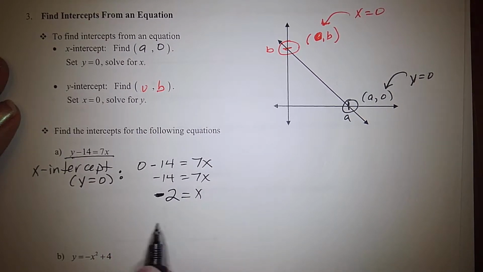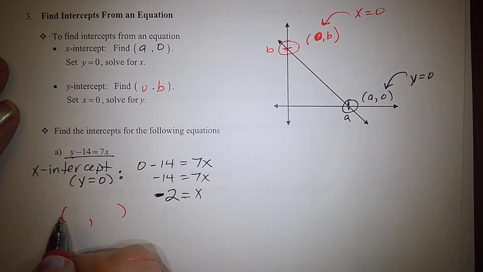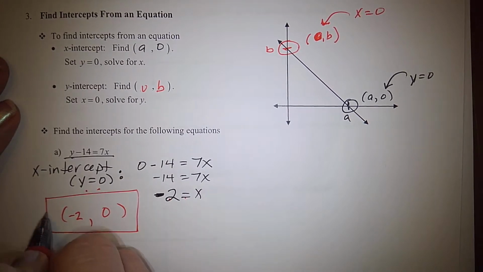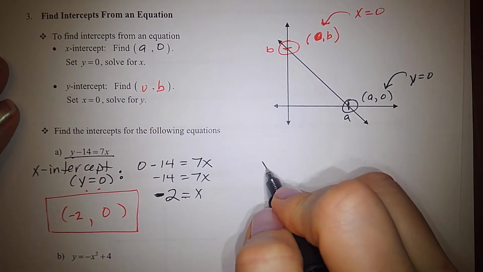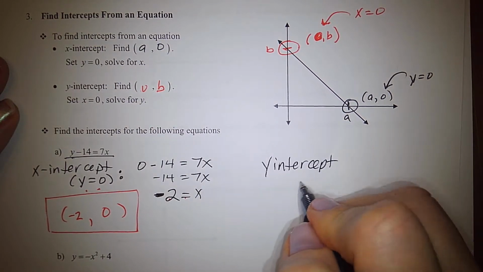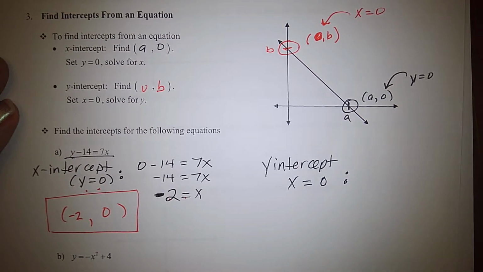So that means my x-intercept is going to be located at x is negative 2 and y is 0. To find the y-intercept, we'll reverse the process. To find the y-intercept, we set the opposite letter x equal to 0.